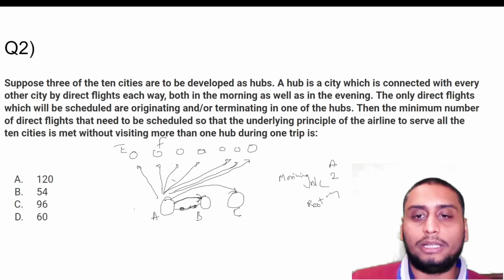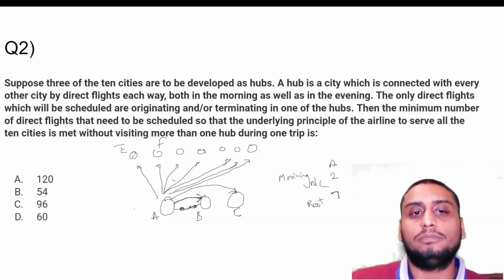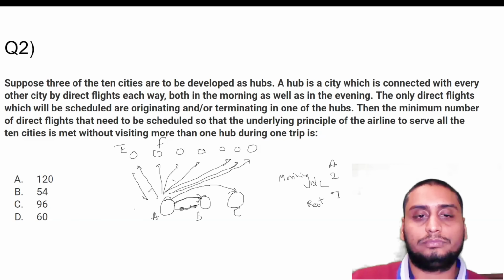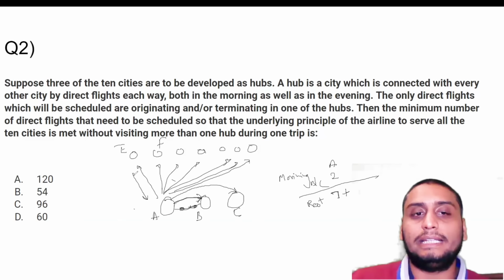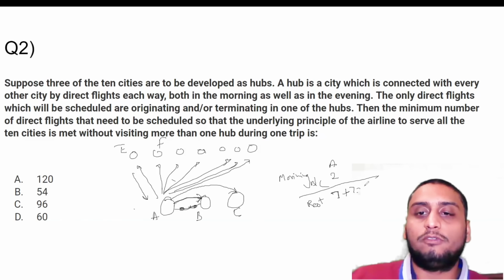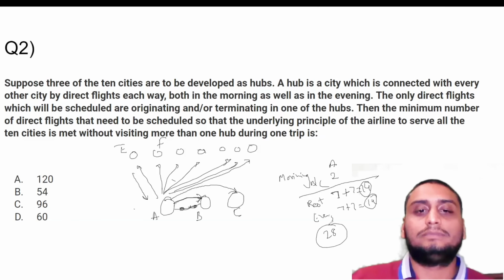So in the morning, there are seven flights, and then there will be seven reverse flights from these also. If I talk about the rest, there would be seven flights from A and seven flights to A. So this would give me 14 flights. And if I calculate for the evening, this would give me 7 plus 7, which is 14 more flights, which is 28 flights.